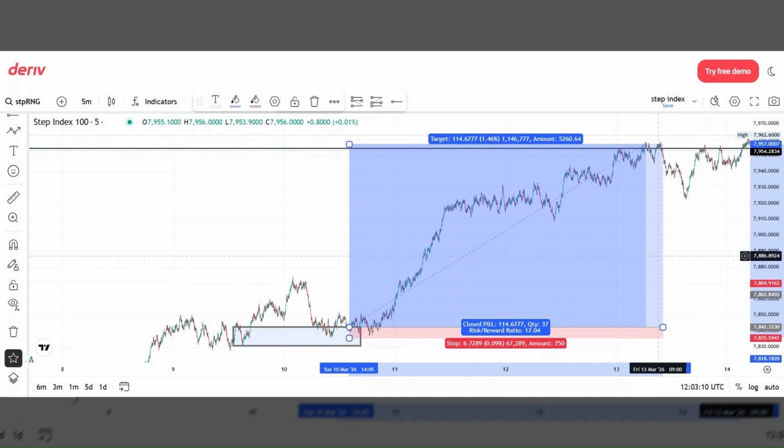This simply means that if you are risking $100 here, you are making $1,700. That is what it means. 1 is to 17. If you are risking just $100, you are making $1,700. If you are risking $10 here, you are making $170 for just one position.